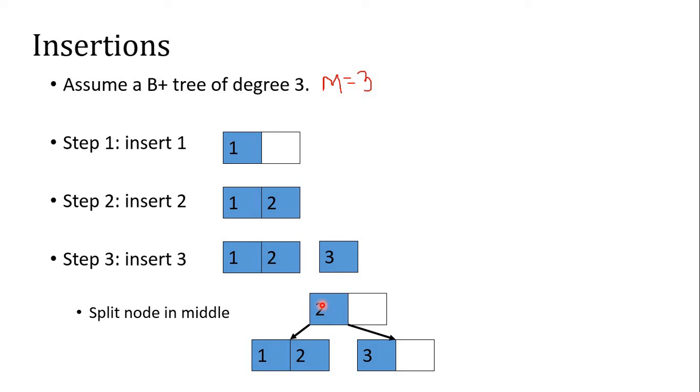This level is called the markup level, and this is the data level. In the data level, all the data should be preserved. From the data, you choose one value for the markup, and it directs its left to values less than or equal to it, and its right to values greater than it.